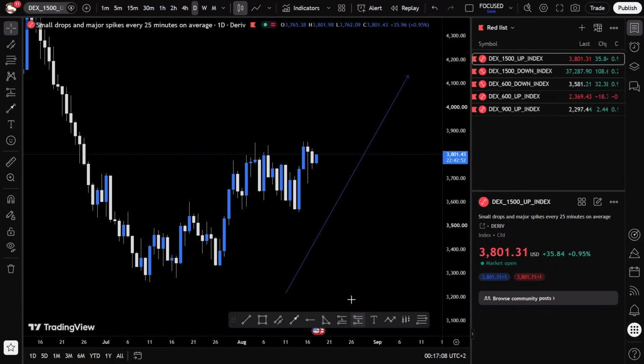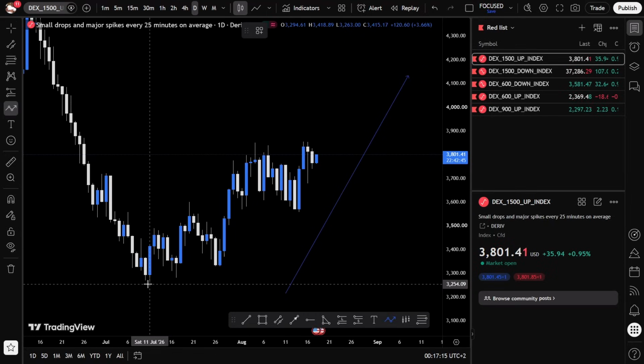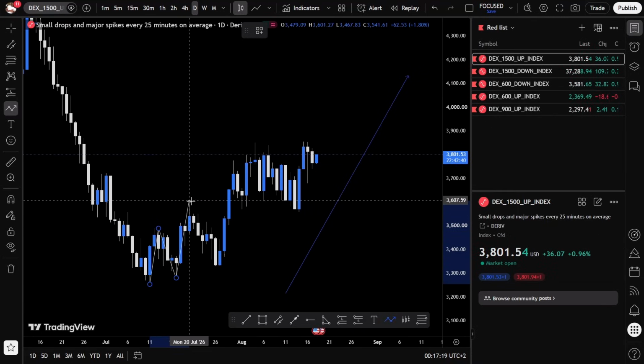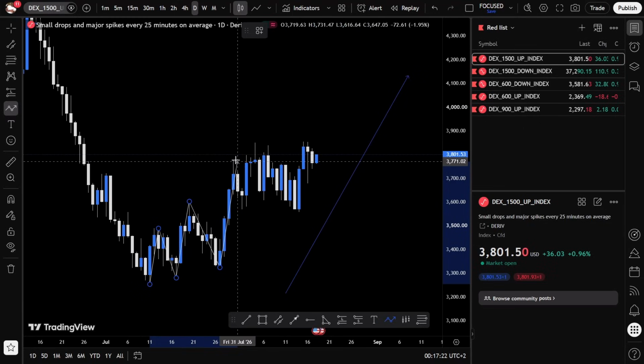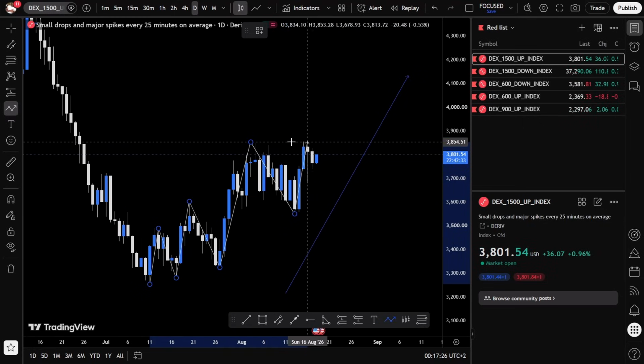So if we scale down to the daily and we try to figure out what's actually happening, and we do the same thing here, it's clear to see that we have this high there, printed a higher low, higher high, higher low, a higher high, a higher low, and then here we failed to break this high and we actually printed some equal highs. So as we said earlier, whenever we have equal highs or equal lows, price is very likely to come back and take out those levels of liquidity.